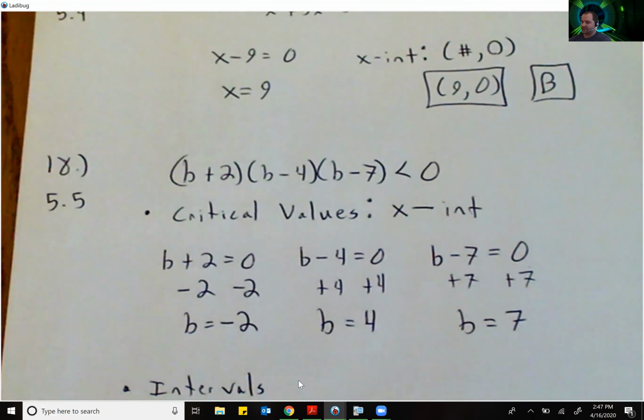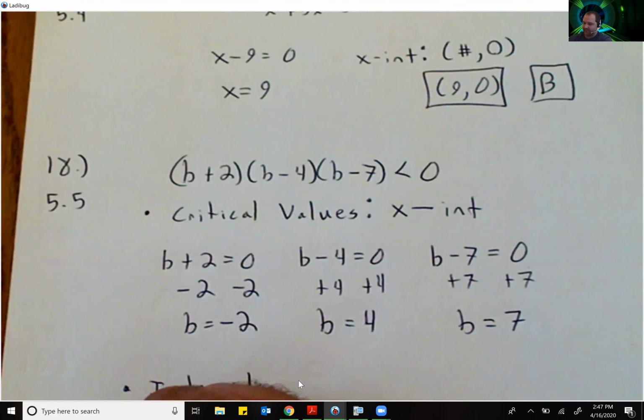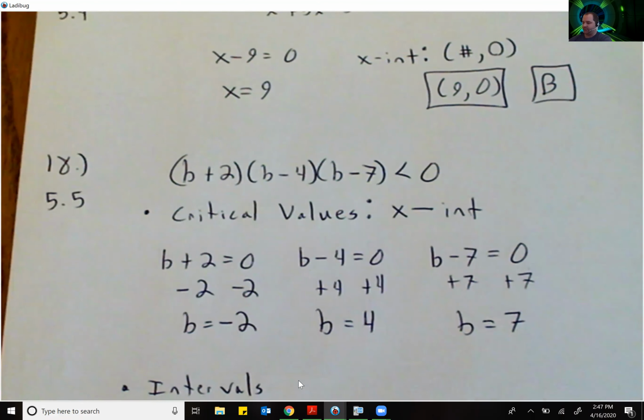So remember that this created intervals for us, where the interval below -2 is -infinity to -2. The interval between here is -2 to 4. The interval between 4 and 7 is 4 to 7.